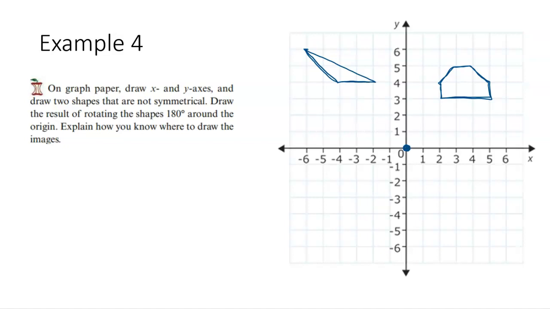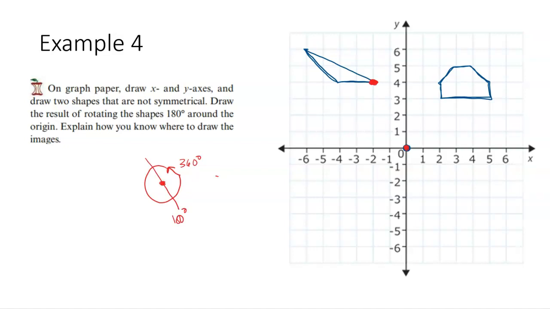Okay, that's fine. So we're going 180 degrees around this origin point. So let's just look at this point here. Now, remember that a circle is 360 degrees. So we're going to go half of a circle. So we're going to go halfway to 180 degrees.